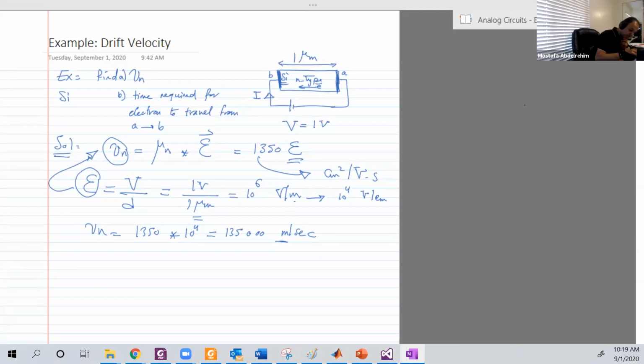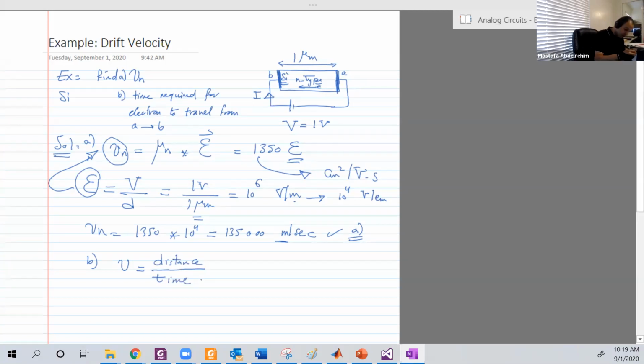So this is A. Now let's go to B. It asks what is the time required for an electron to travel from A to B? This is very easy. We know that velocity is equal to distance over time. Let's write it just to not confuse the symbols.